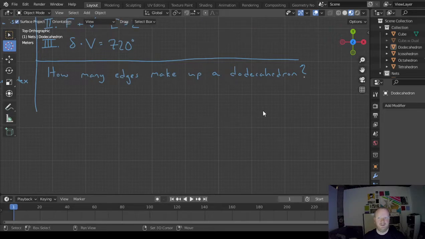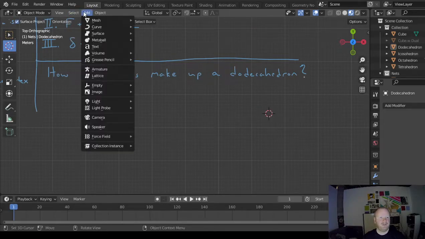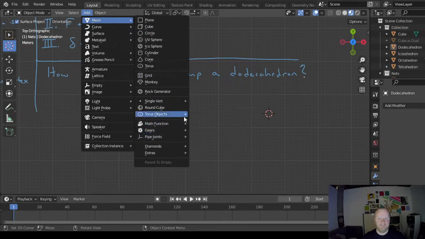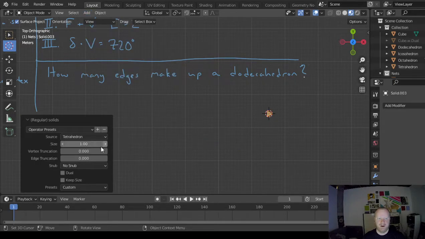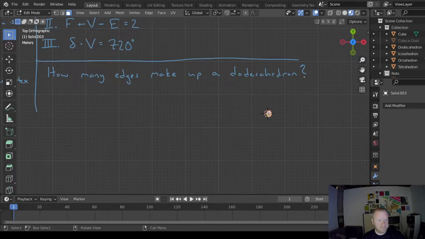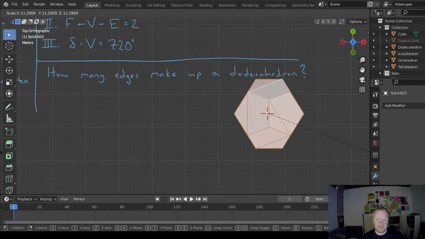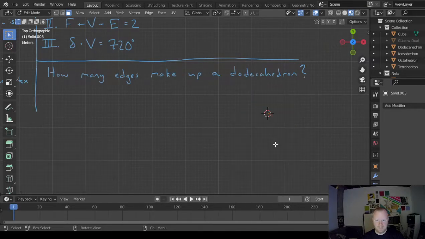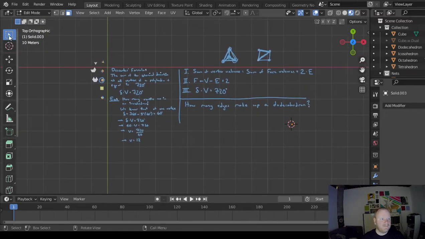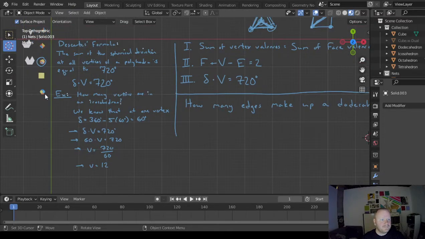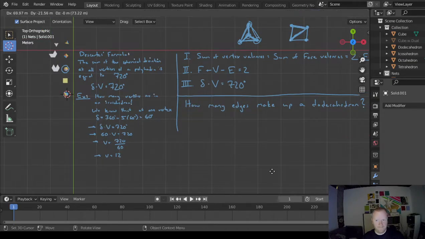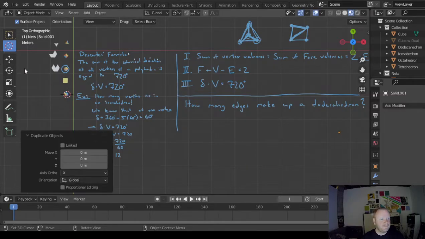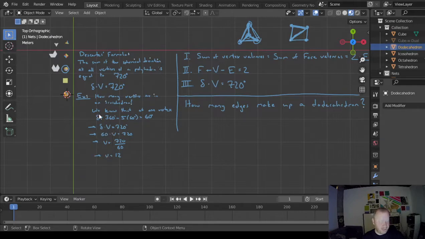I'll go ahead and just create one here so we can look at it. But just be aware that they may give you a dodecahedron to look at, they may not.